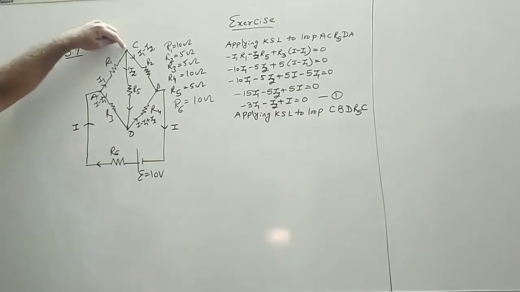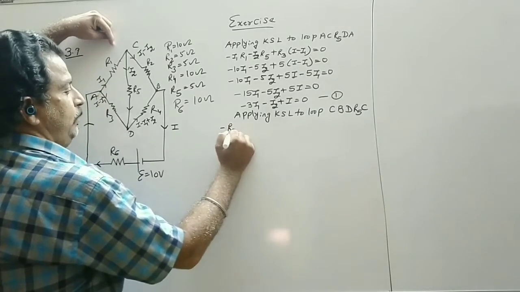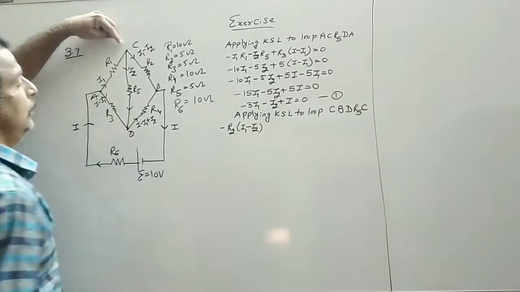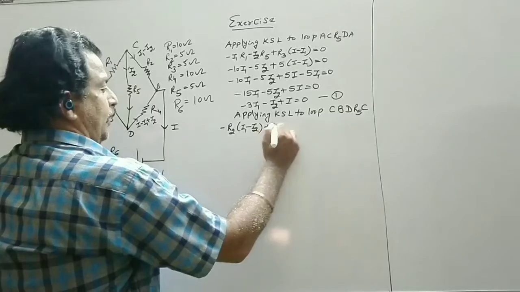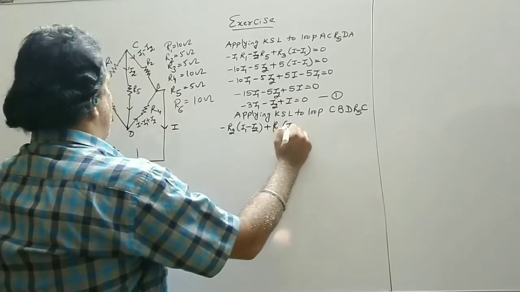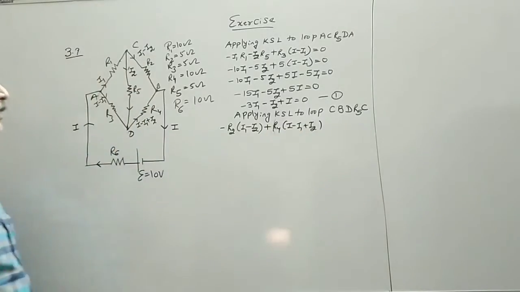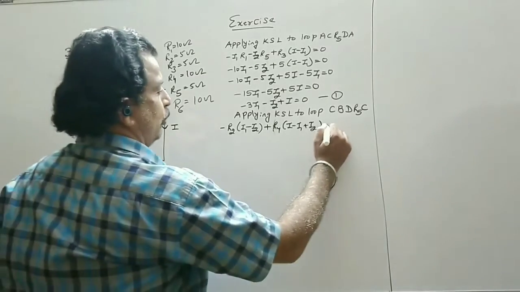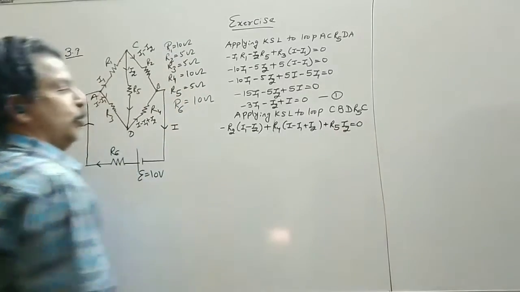From C to B in the direction of the current, so minus sign, minus R2 into I1 minus I2. B to D, current is coming from the opposite direction, so plus R4 into I minus I1 plus I2. Then again the current is coming in the opposite direction, so plus R5 I2 equal to 0.